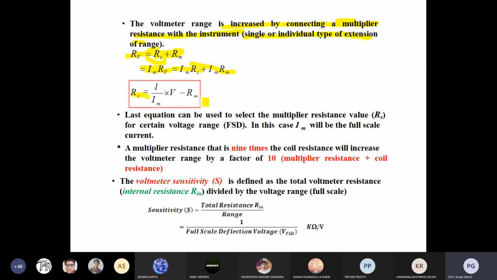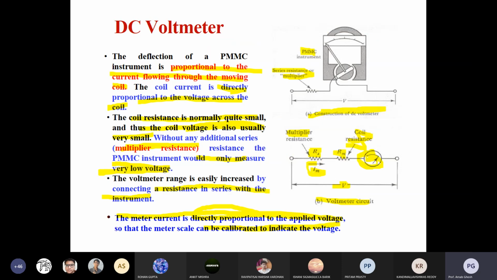Okay, you are replacing that value of V. What is V? V equals, again, RS plus RM into IM, that you can also write as V. Okay, so they are writing in such a manner.